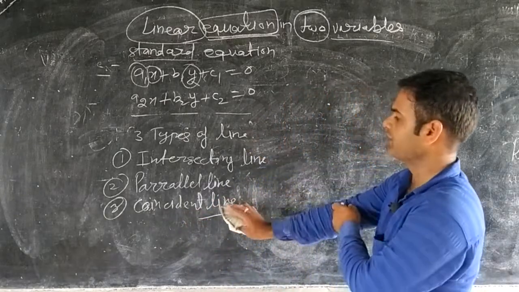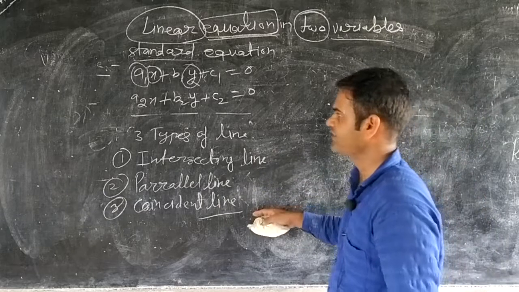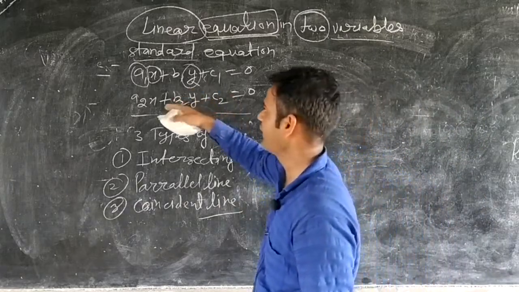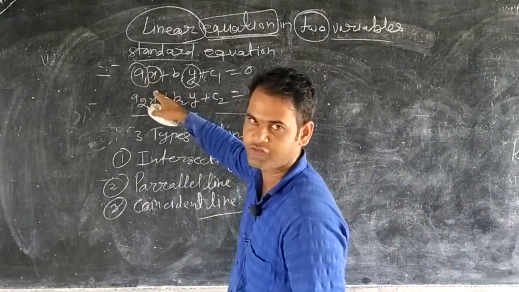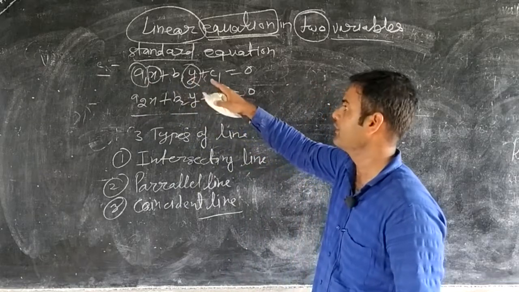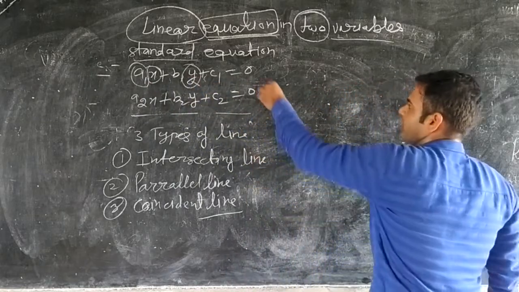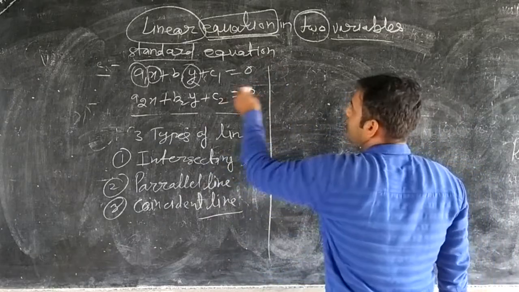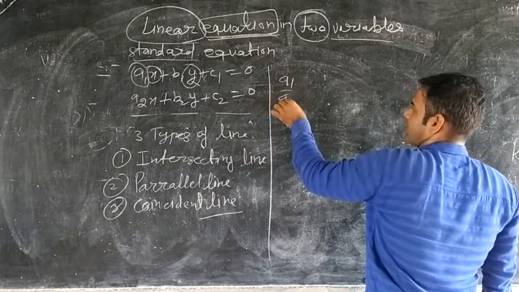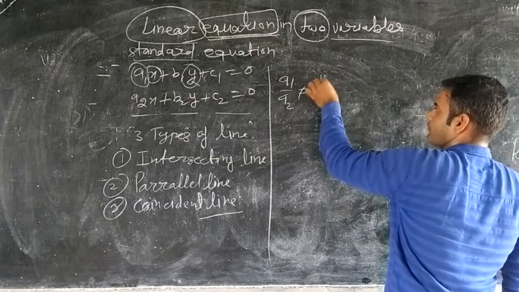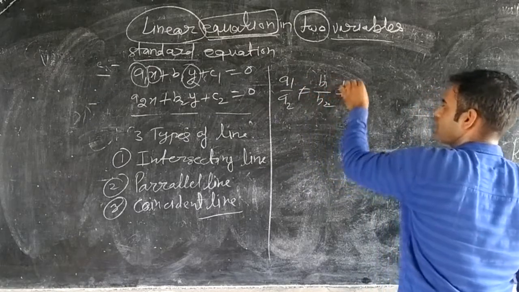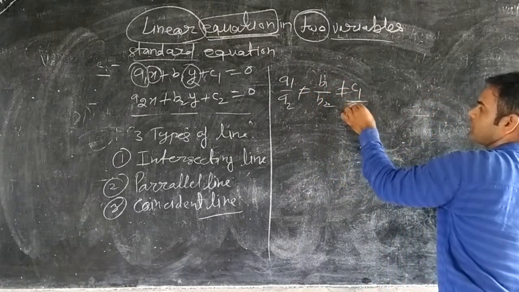How can we find the position of lines? That can be found by comparing the coefficients of x, y and the constant term. First we study the condition a1 upon a2 is not equal to b1 upon b2 is not equal to c1 upon c2.